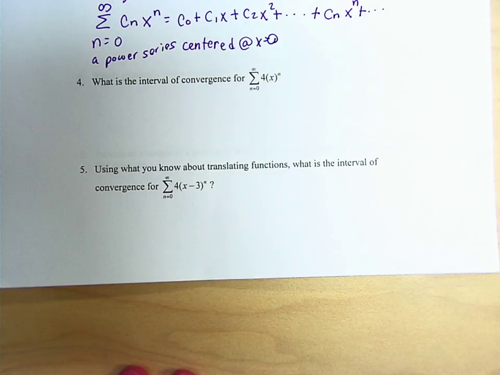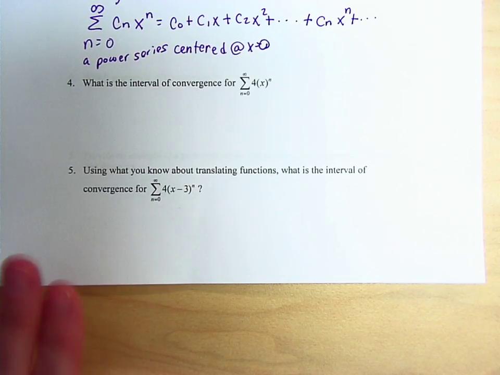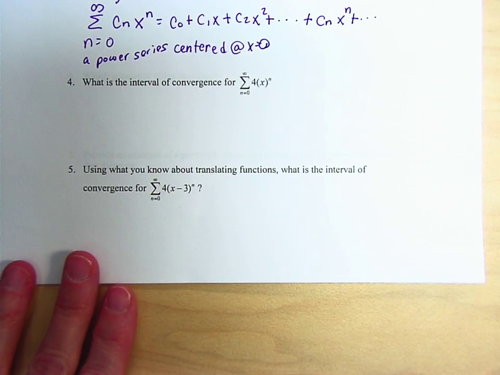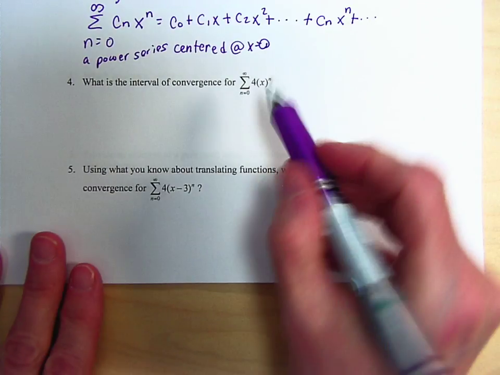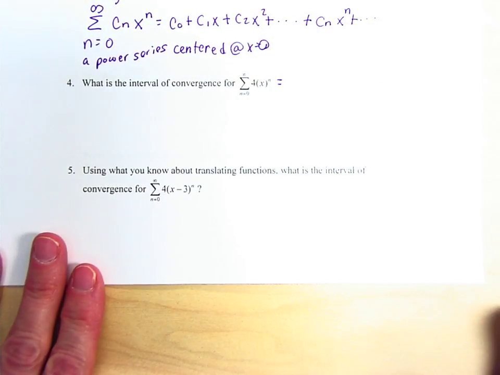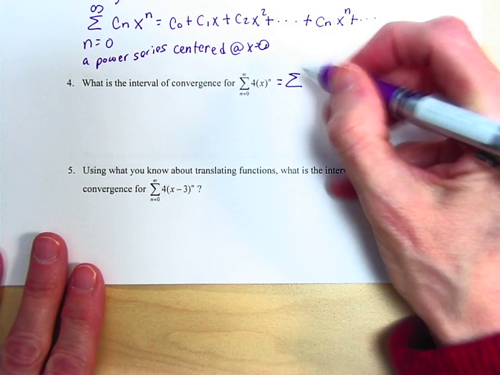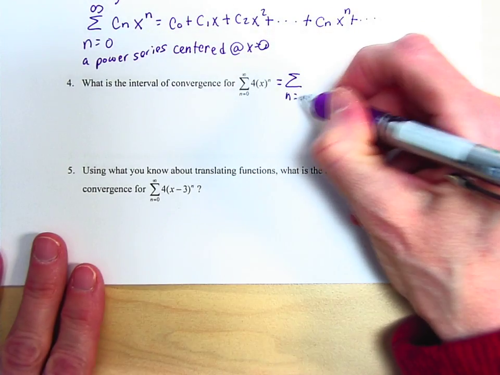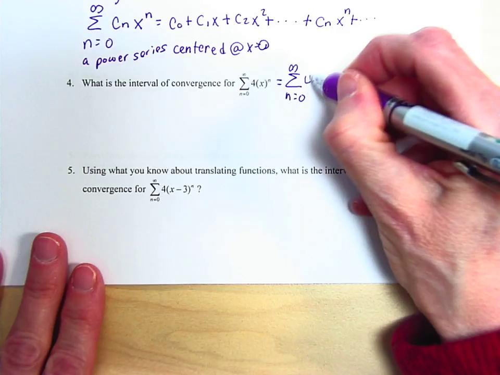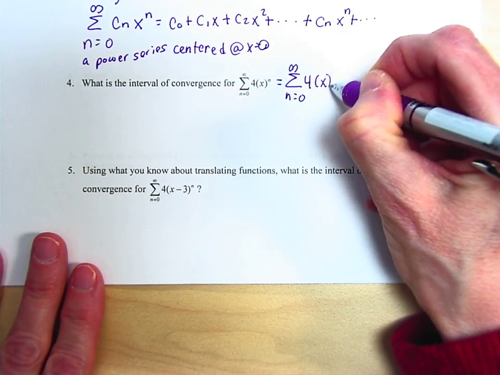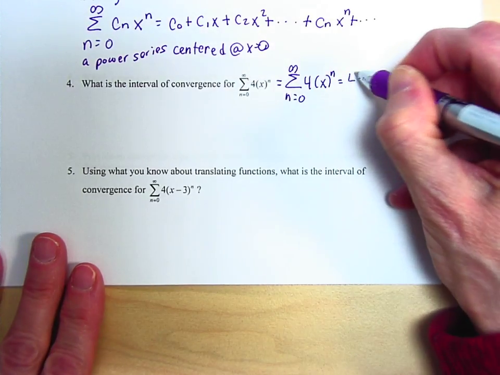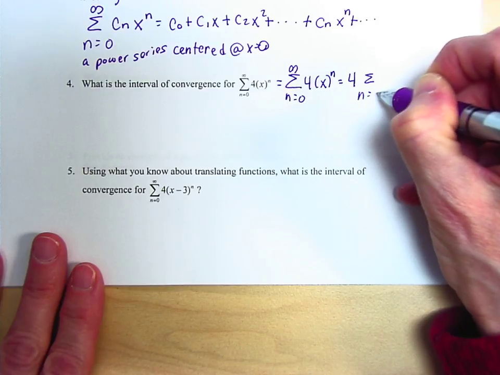Now, based on what we learned earlier in our packets, we should be able to find the interval of convergence. Note that if I take this series given 4 times the quantity x to the n, that would be a situation where I could actually pull the 4 to the outside.